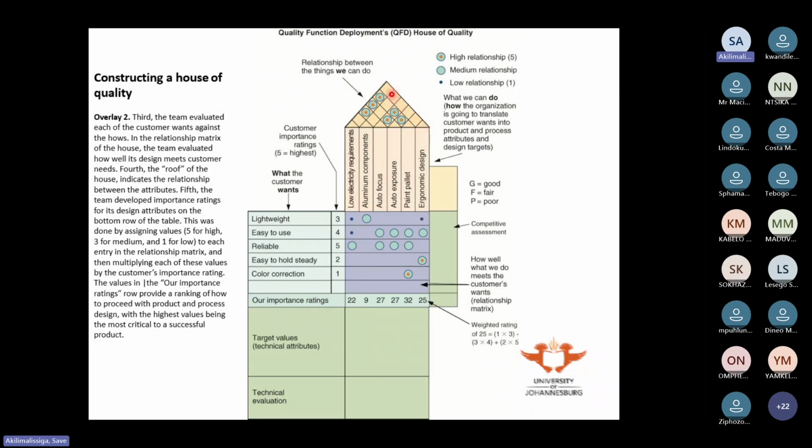That is just to explain how you are going to use the intersection whereby the two columns meet. That is where you input the appropriate symbol to represent the relationship. In this case, this company believes that autofocus and low electricity requirement meet right here, because we are looking for the intersection of the two.